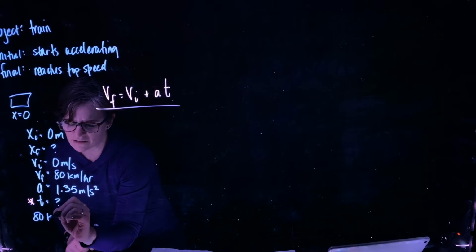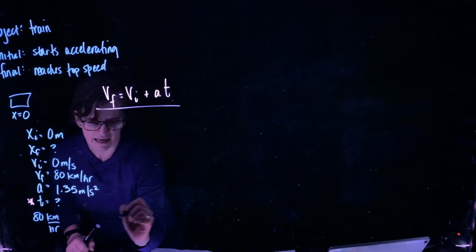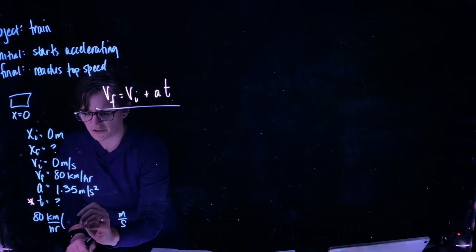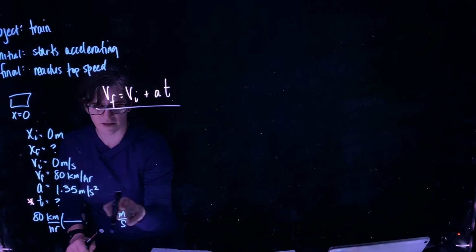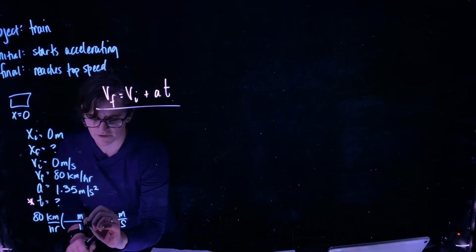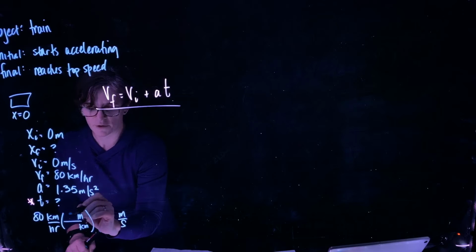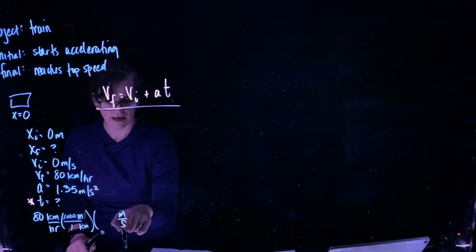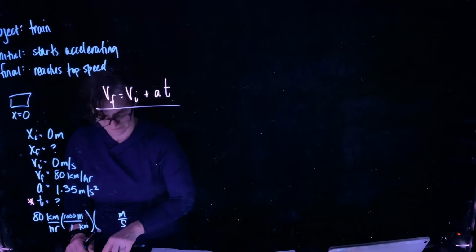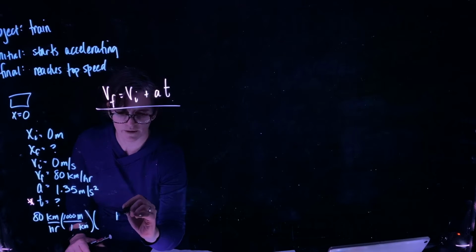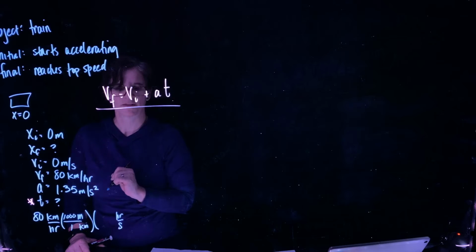So 80 kilometers per hour, and I want meters per second. Well, I know if kilometers is on the top and I want meters on the top, I need meters on the top, kilometers on the bottom. I know there are 1,000 meters in 1 kilometer. Similarly, I have hours on the bottom. I want seconds on the bottom. Give myself a little more space. So I'm going to put hours on the top and seconds on the bottom.